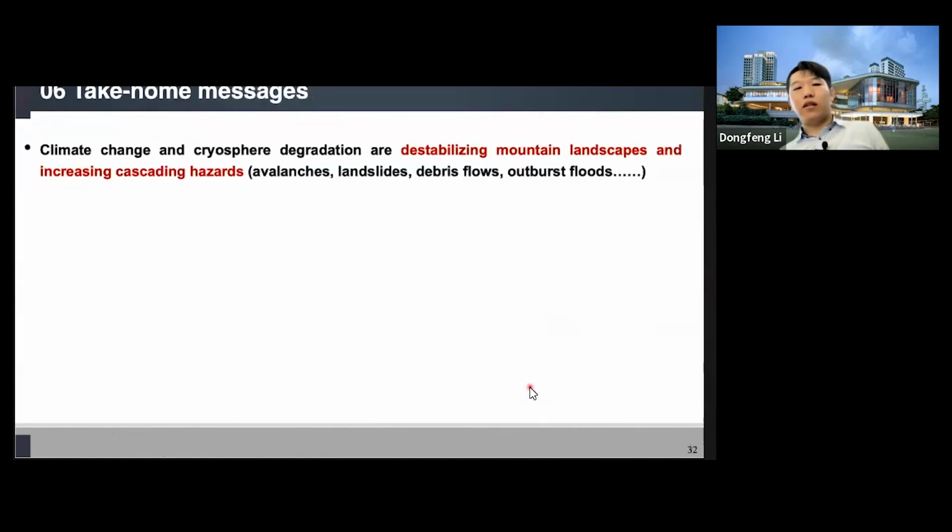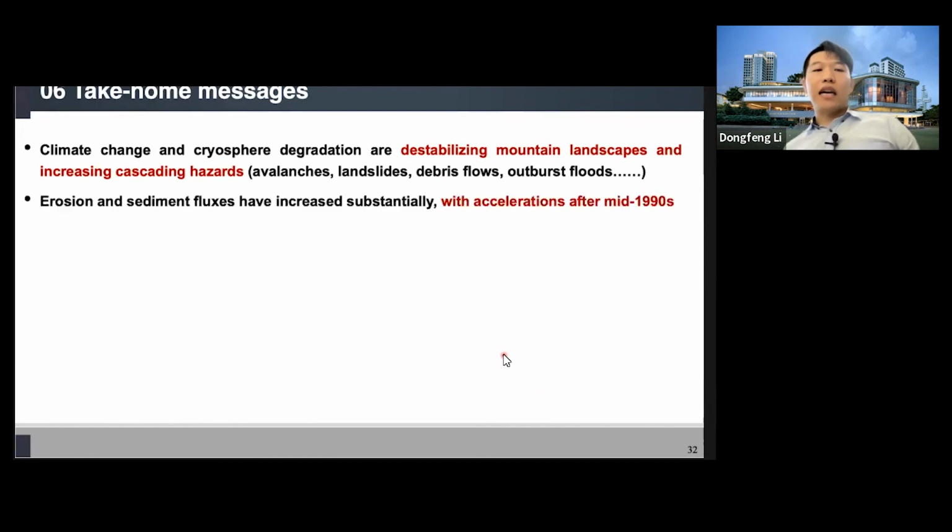Okay, now I will summarize my talk. Climate change and cryosphere degradation are destabilizing the mountain landscapes and increasing cascading hazards, including avalanches, landslides, debris flows, and outburst floods. The erosion and river sediment have increased substantially over the past decades, with accelerations after the mid-1990s.